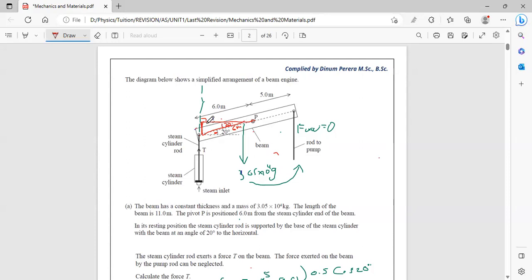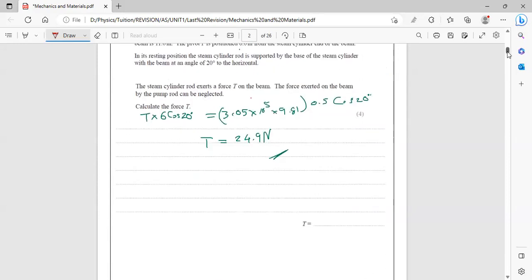So the length of the normal is 6 cos 20, because that side is adjacent to the angle, right? So this side is 6 cos 20. Yeah. So the moment due to tension is T times 6 cos 20.